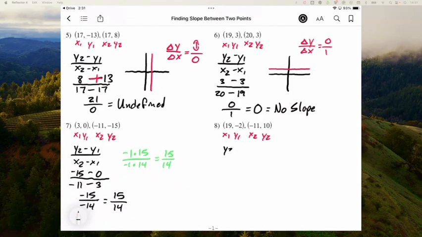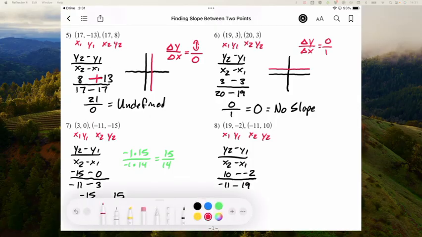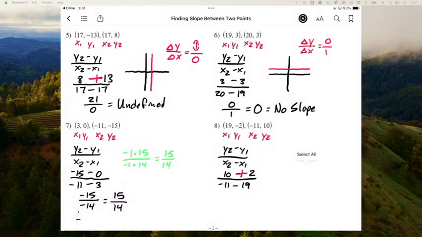Moving on, y2 minus y1 over x2 minus x1. Put our template down. y2 is 10, y1 is negative 2, negative 11 minus 19. We're going to clean those signs up by putting a plus sign there. 10 plus 2 is 12.